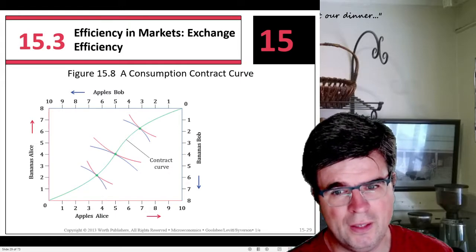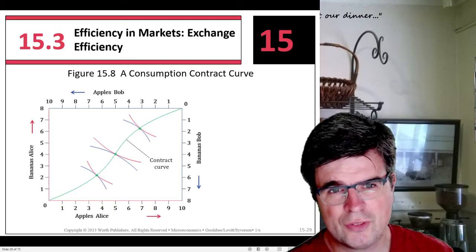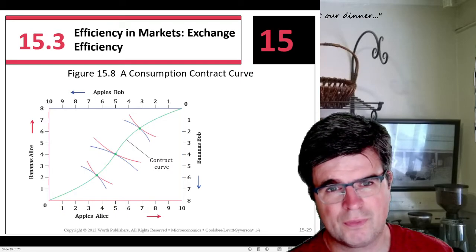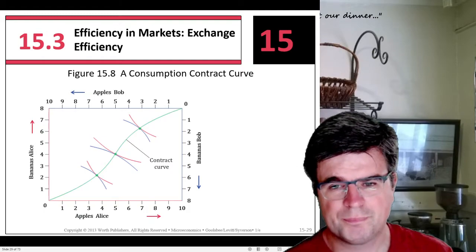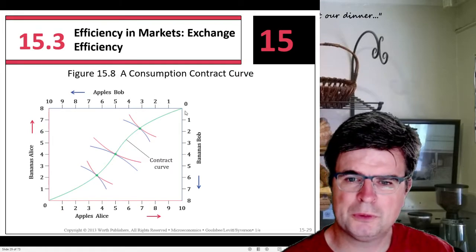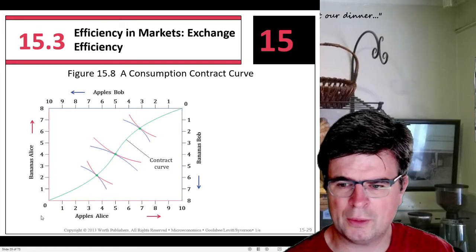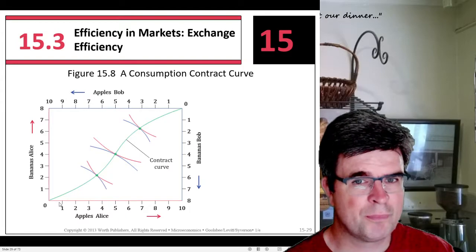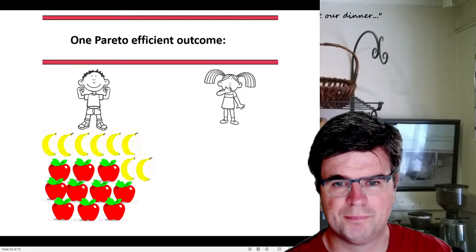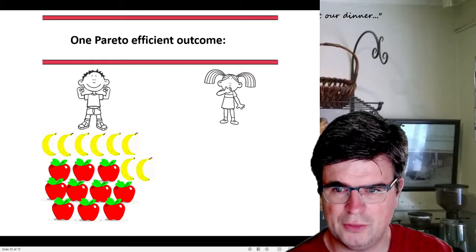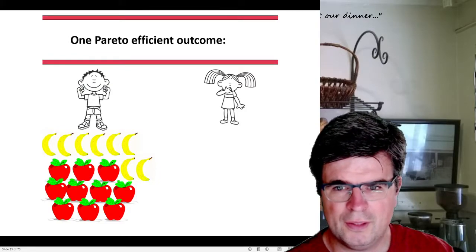Because in any case, Alice needs to give away something to Bob, getting nothing in return. So given Alice's preferences, that certainly will lead to a decrease in her utility. So the extreme outcomes where one person gets all and the other person gets nothing is also a Pareto efficient outcome. So that's the situation that is drawn here.